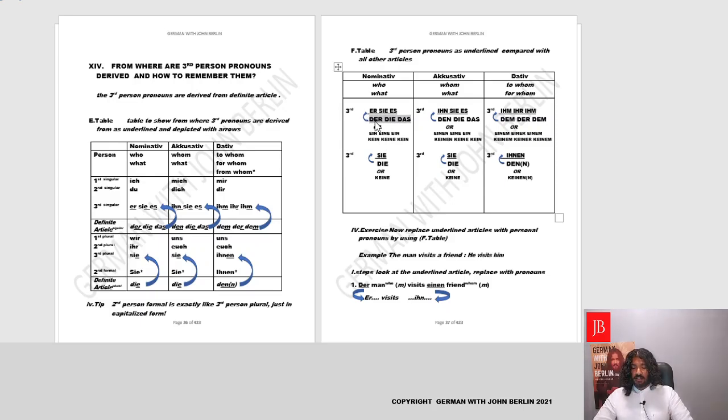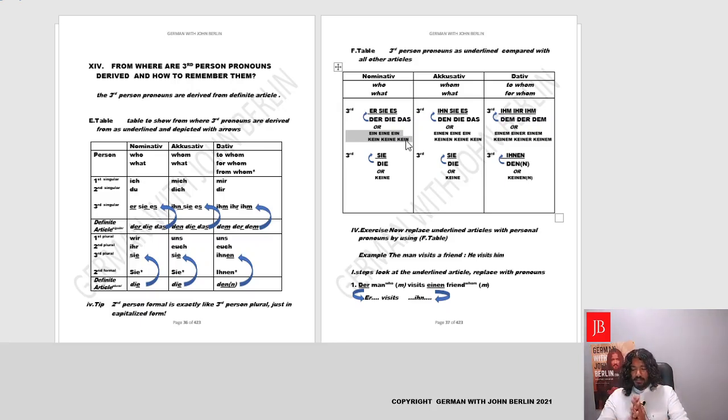If you remember your definite article, you don't just remember personal pronouns, you also remember the related articles. So in crux, please learn the definite article in nominative, accusative, dative. They are der, die, das, den, die, das, dem, der, dem, den with an extra n.